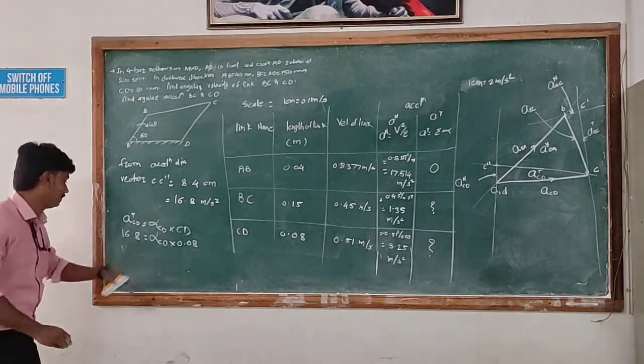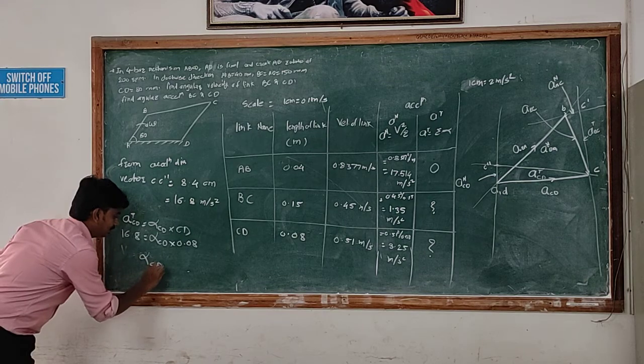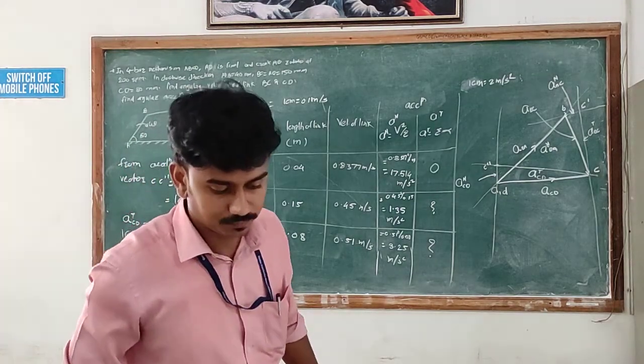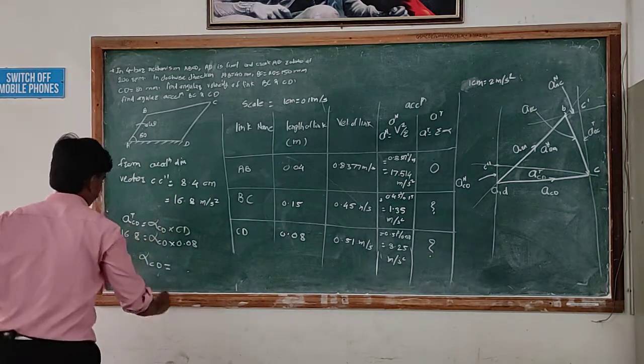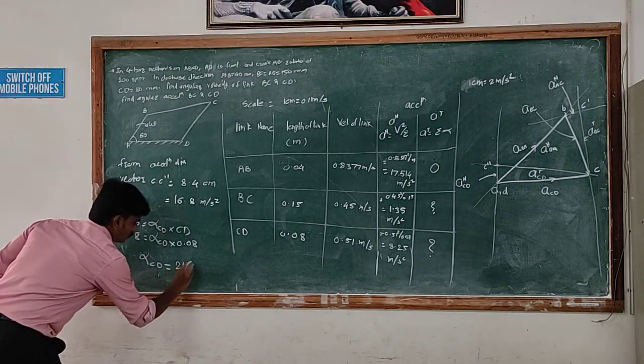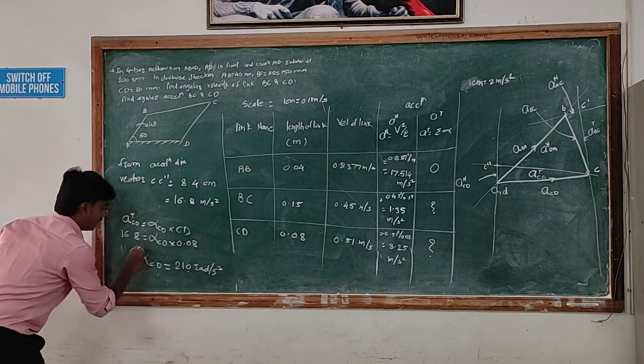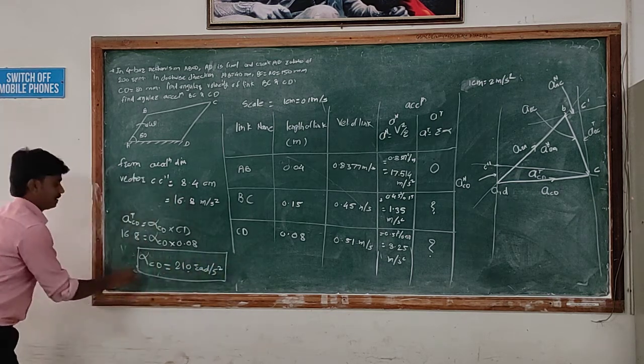So alpha CD is equal to 210 radian per second square.